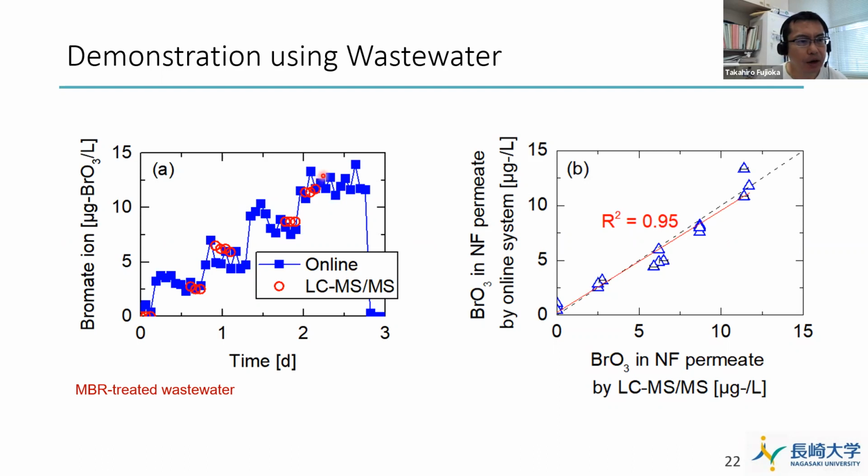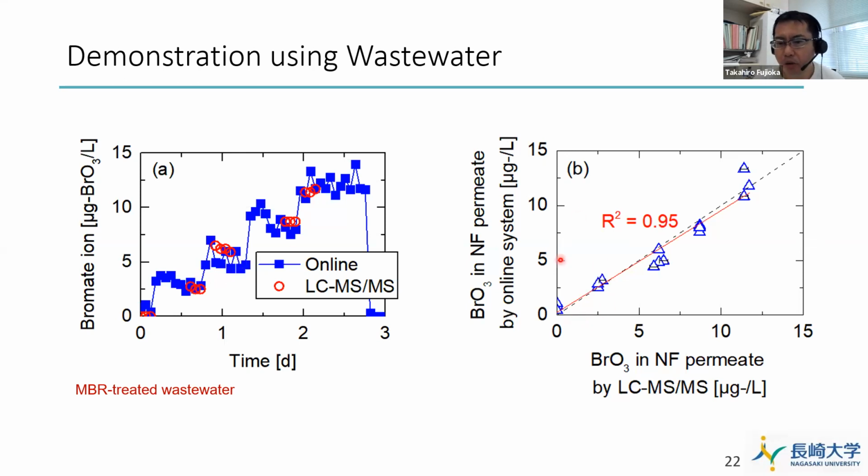That's the result of the demonstration in the lab using actual wastewater, MBR treated wastewater. Over the course of 3 days, we had the online analysis. At the same time, we periodically had grab samplings for analysis using the conventional technique, LC-MS/MS. We compared them to show the reliability of the analysis; even as an indicator, reliability is important.